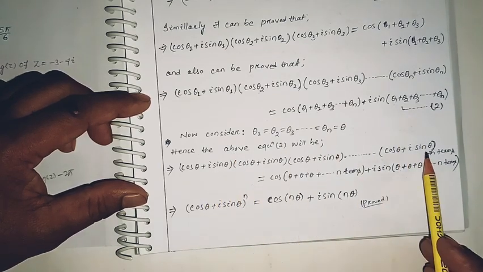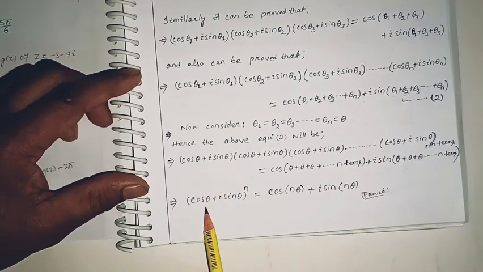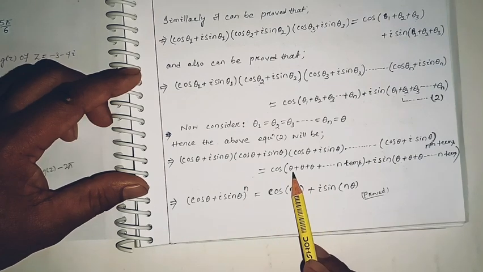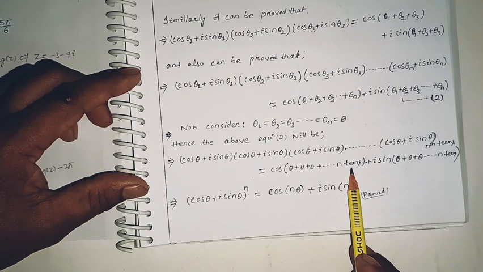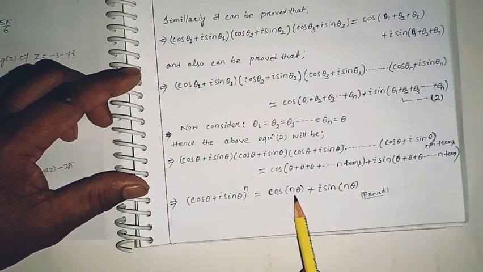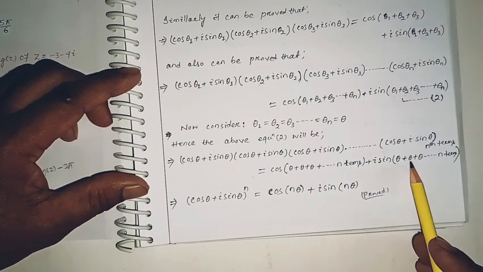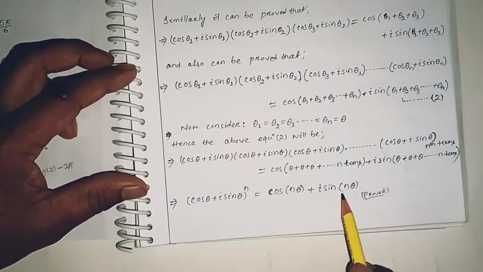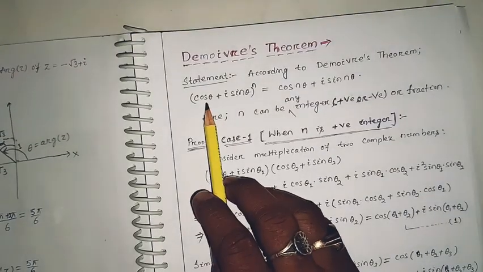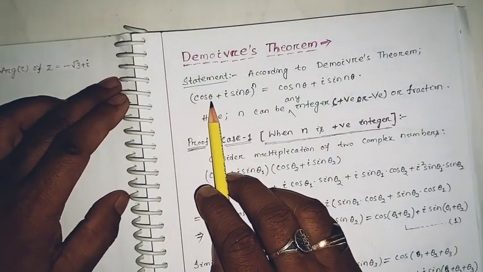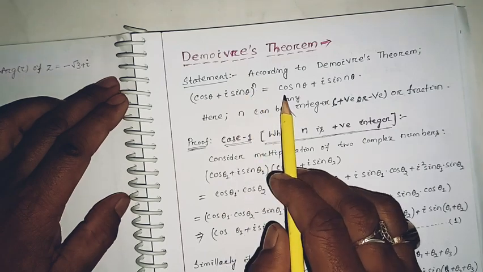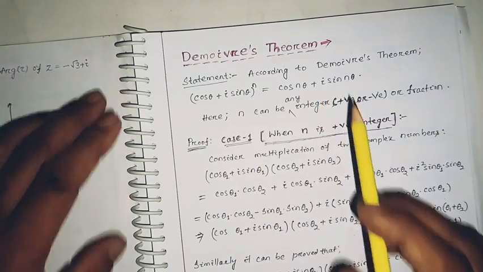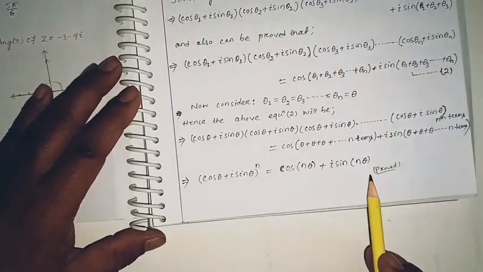So the n-term multiplication is (cos theta plus i sin theta) to the power n, which will be equal to cos n theta plus i sin n theta, since theta plus theta up to the nth term is n theta. This we intended to prove: that (cos theta plus i sin theta) to the power n is equal to cos n theta plus i sin n theta. Here it has been proved. Okay.